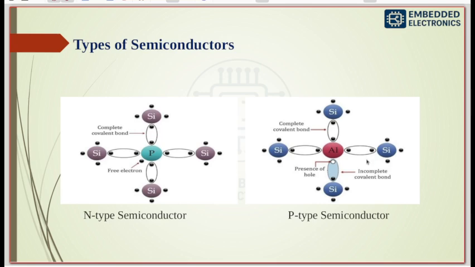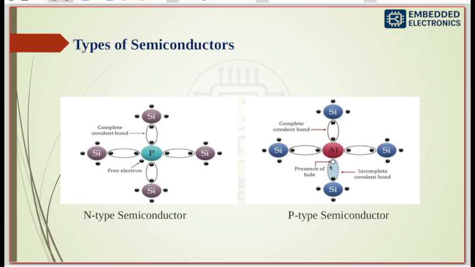But in p-type, silicon is mixed with the aluminium impurity. Aluminium has only 3 electrons for bonding, so one bond is incomplete. See here, this is incomplete and it creates a vacancy. This empty space is nothing but the hole.